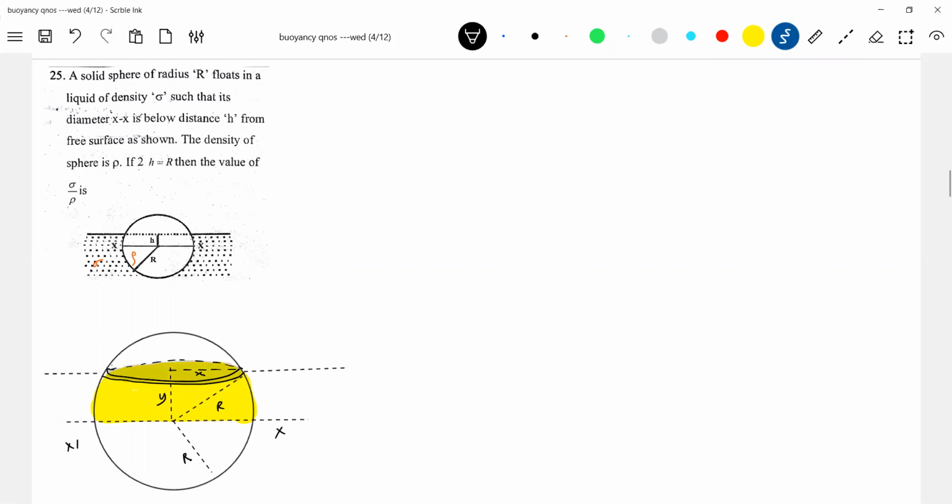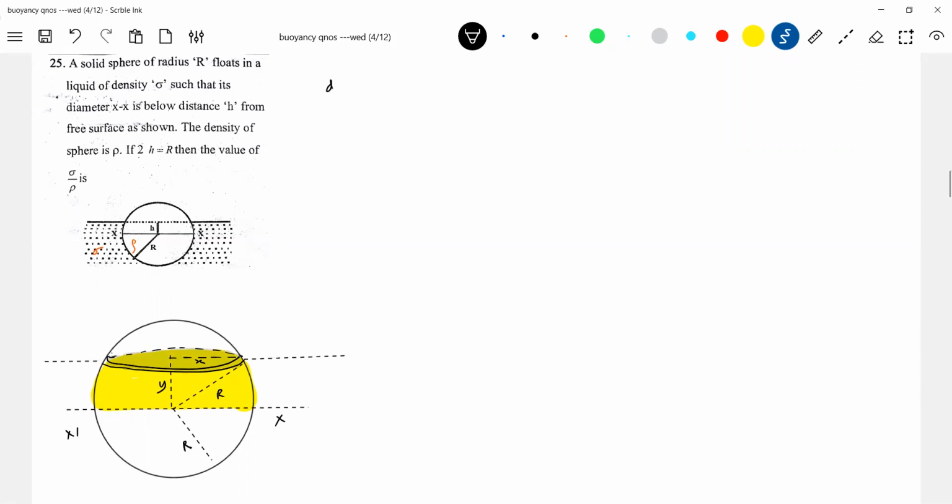Okay, let's get into that. So dV is equal to pi r square. First, what is the volume of the thin disk?